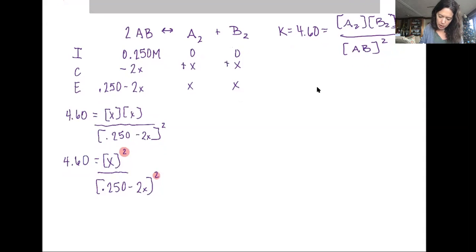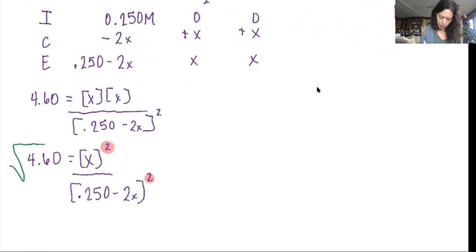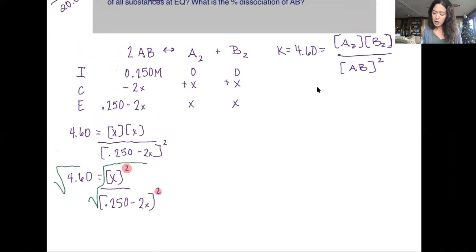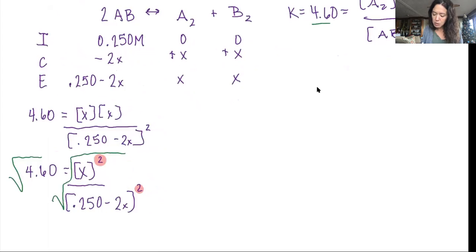All right, so in order to get ourselves out of this perfect square and keep us from needing a quadratic equation, we will simply take the square root of both sides. Okay? So the square root of 4.60. Now, I'm not going to round in solving this problem, because if I do, and I go and check my work, then I will not get 4.60.